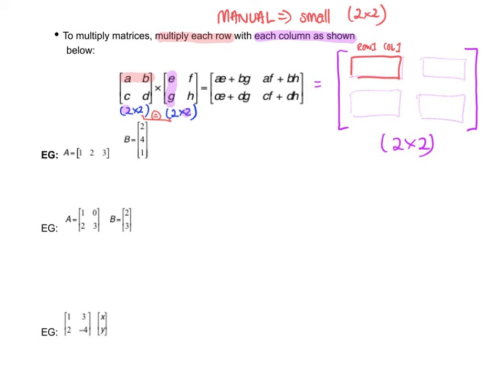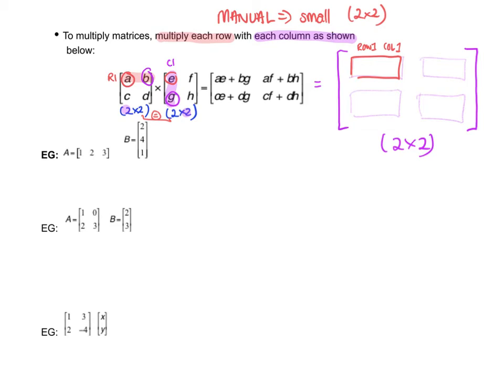So can you see I'm using row 1 here and column 1 there. What happens is this A gets multiplied with E and this B gets multiplied with G, and then you add them together.